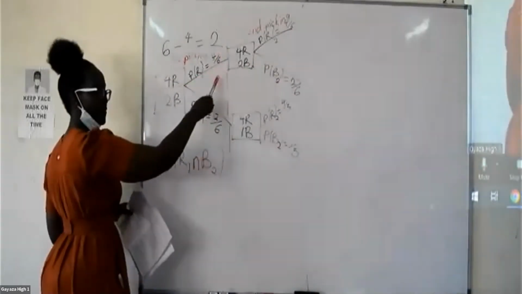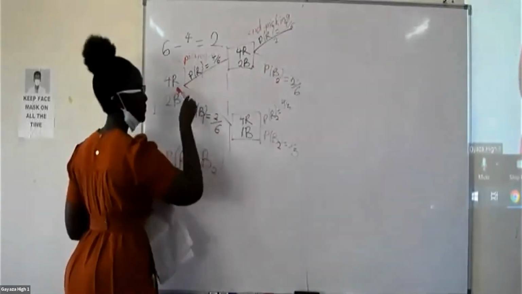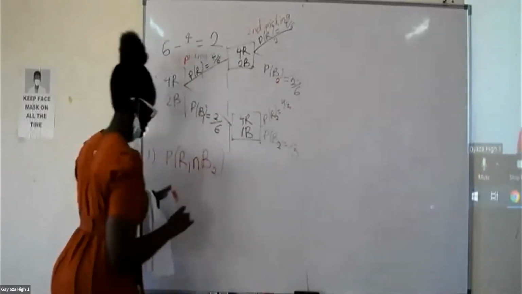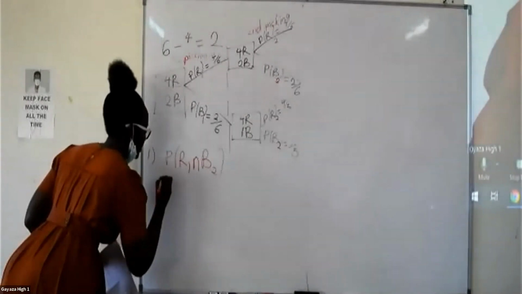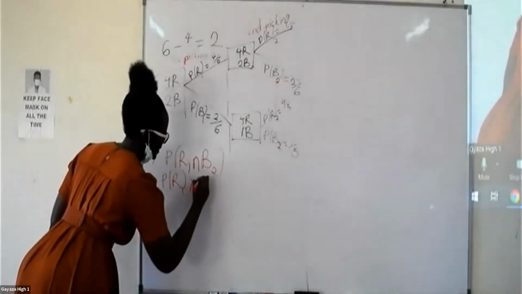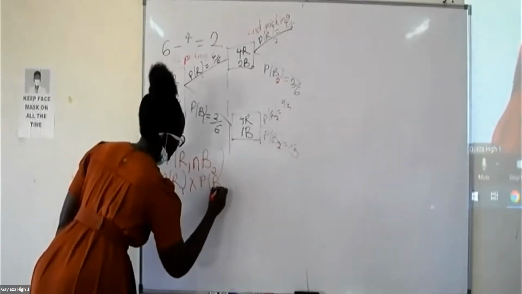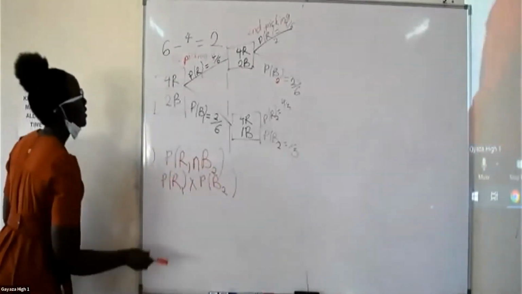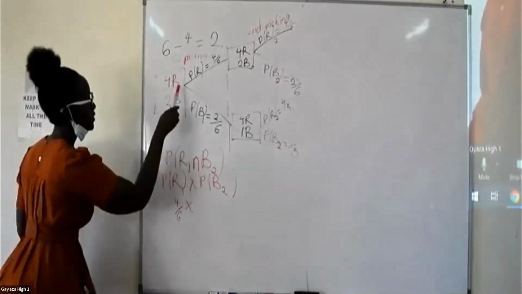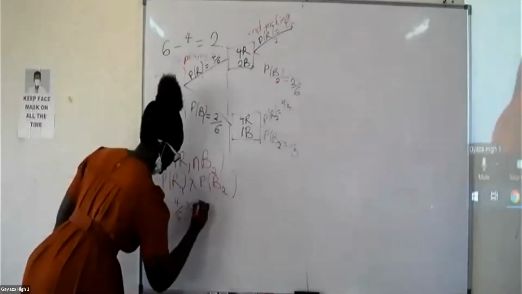So the probability of the first red ball, and then the probability of the blue ball. That's going to be probability of R1 times probability of B2. And that's going to be 4 out of 6 times 3 out of 6.